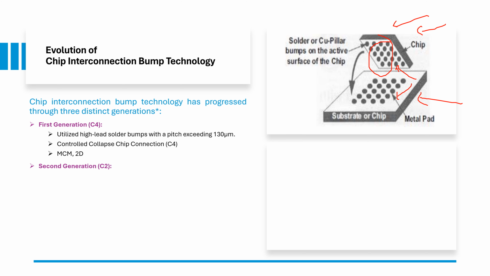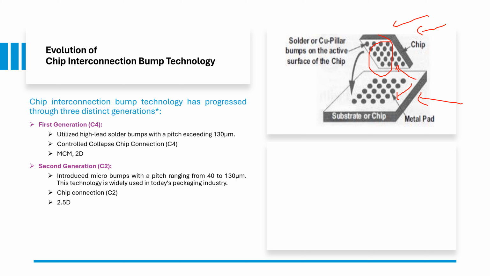The next generation in packaging is the second generation, which uses C2, chip connection. The second generation introduced micro bumps with a pitch ranging from 40 to 130 micron. This technology is widely used in today's packaging technology. We can call it chip connection C2 technology, or you can also call it 2.5D.